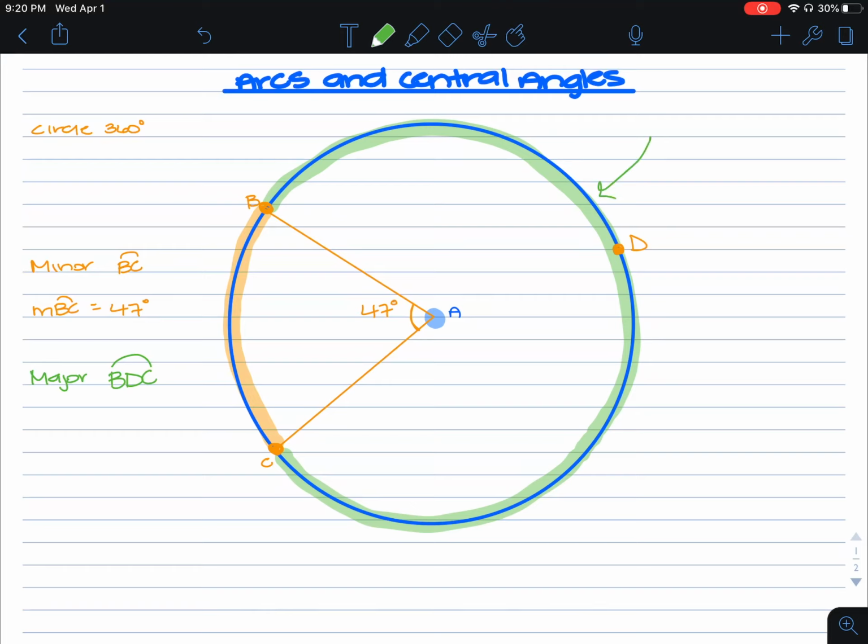Because a whole circle equals 360 and the part that I know right now is 47, what I'm going to do is 360 minus 47. That gives me my major arc. So when I subtract 360 minus 47, I should get 313 as the measure of my major arc.